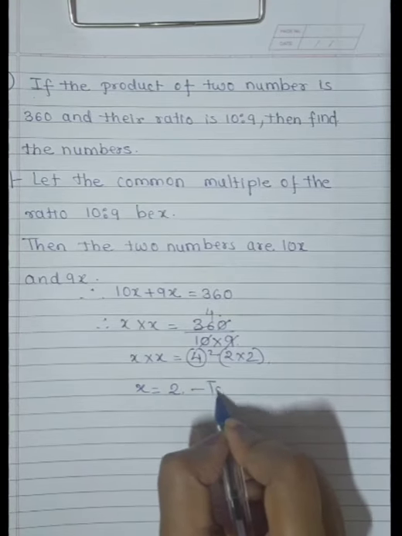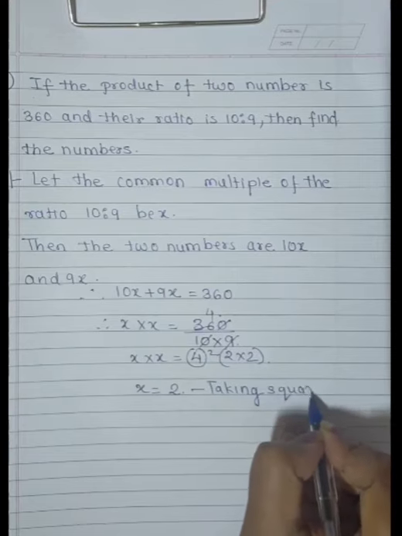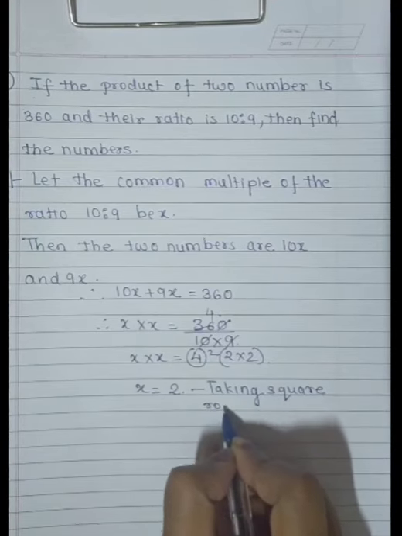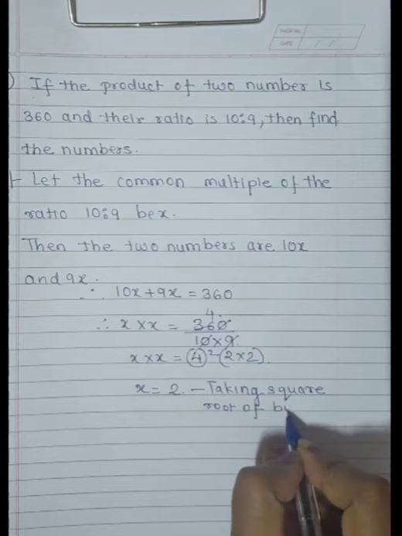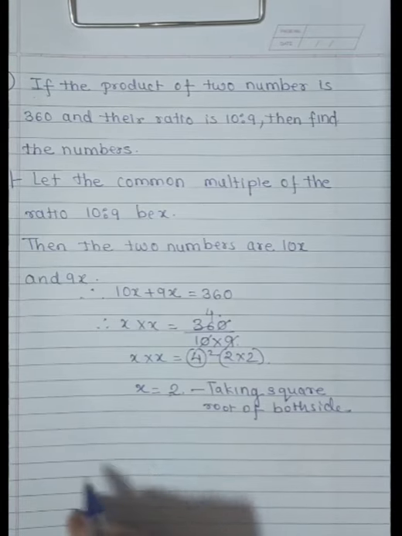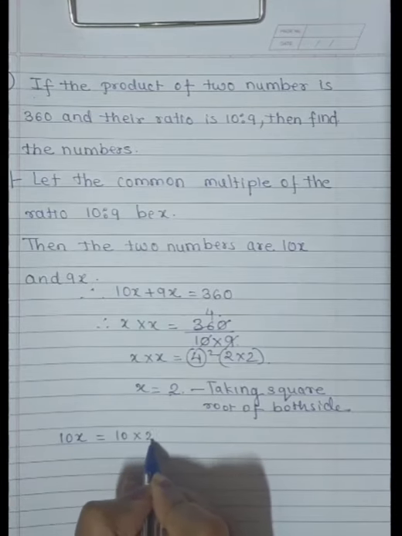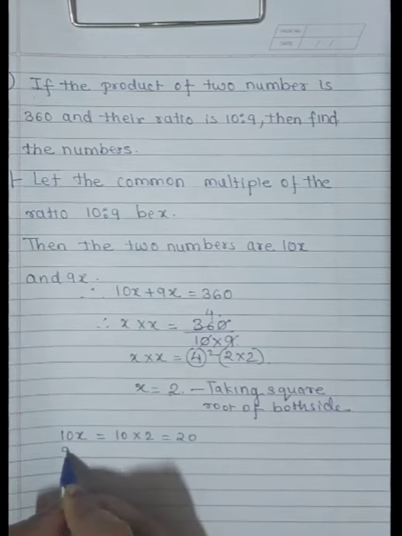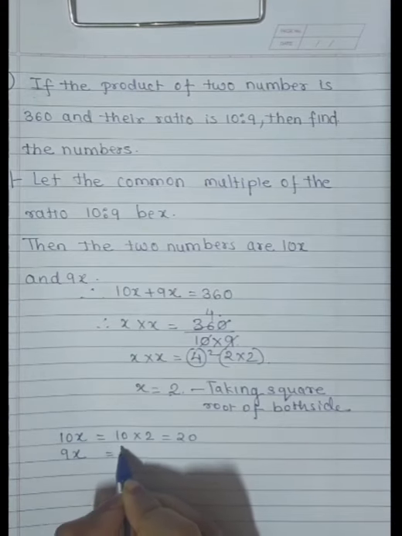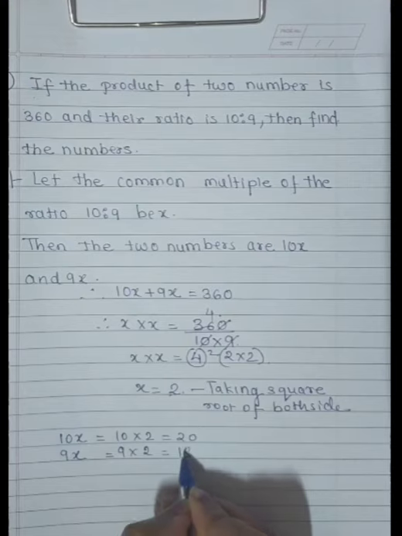Taking square root of both sides, what we will get? We will get x is equal to 2. Now 10x is equal to 10 into 2 will get 20, and 9x is equal to 9 into 2 will get 18.